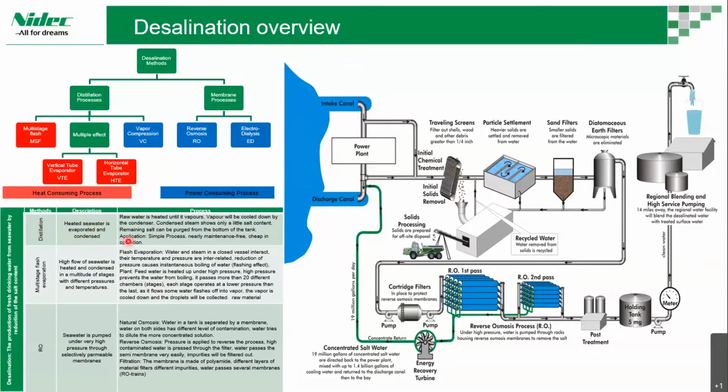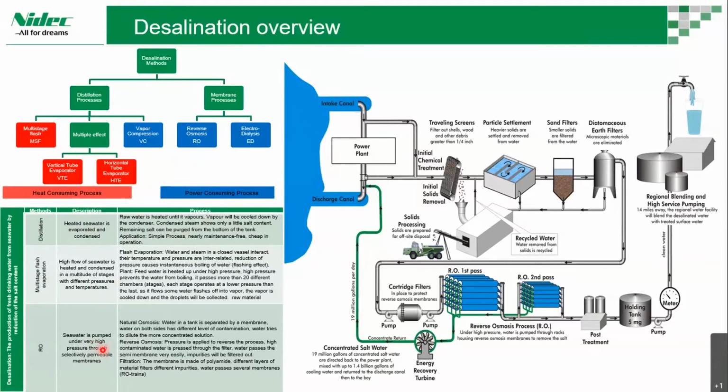That is how distillation is done. We can have a little more detail about the process. Multi-stage flash evaporation is a high flow process, where seawater is heated and condensed in multiple stages with different pressure and temperature. This is how it's described in this particular process.